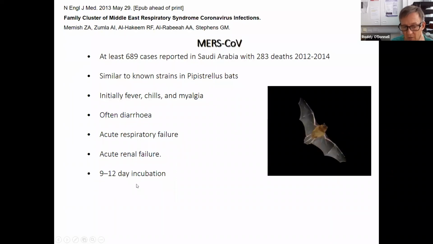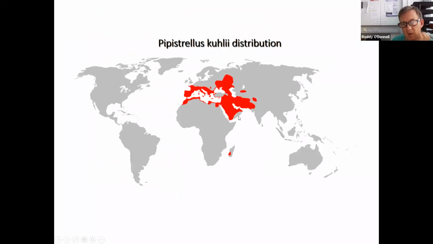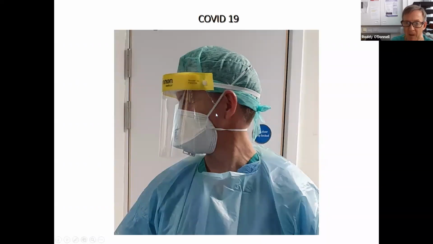It was quite a long incubation, which is why the isolation time is so long for coronavirus, and it appears there is some commonality with coronavirus incubation. Interestingly, Pipistrellus has a peri-Mediterranean distribution, a little bit down in Madagascar.